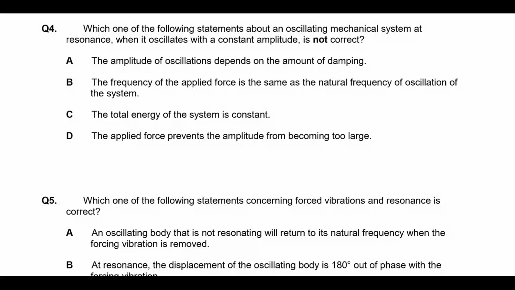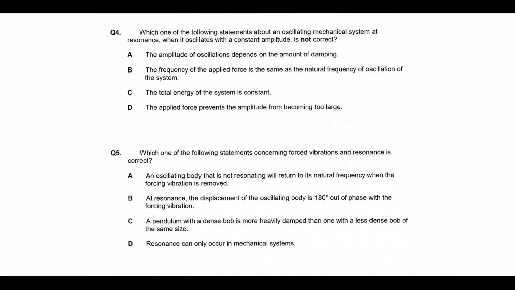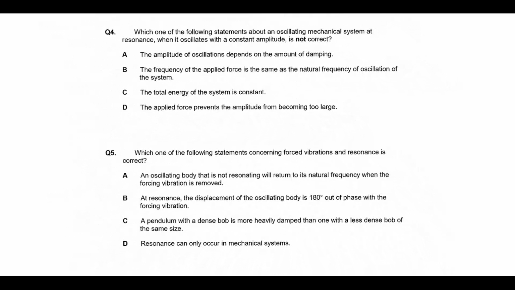So let's scroll down. Let's zoom out so we can see both of these. Which one of the following statements about an oscillating mechanical system at resonance, when it oscillates at constant amplitude, is not correct? The amplitude of oscillations depends on the amount of damping.